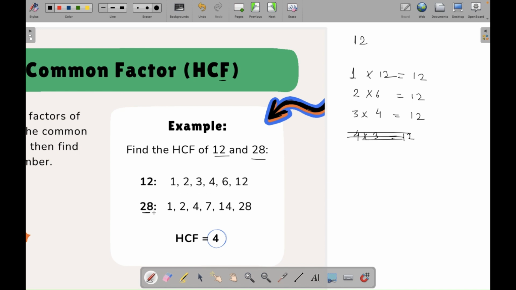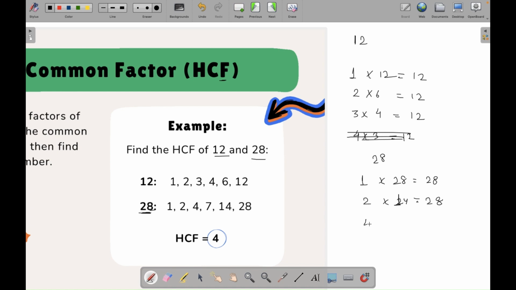Similarly, the factors of 28, if you use the same approach, right? So 28, again we start from 1. 1 times 28 is 28. Then 2. 2 times 14 is 28. Then we have 3. 28 is not divisible by 3.